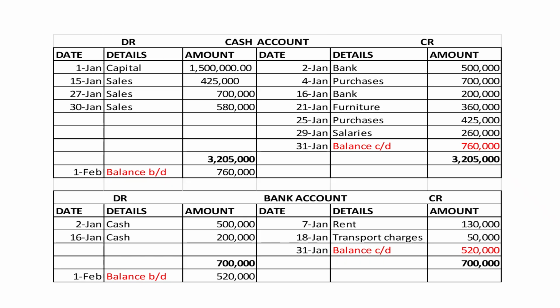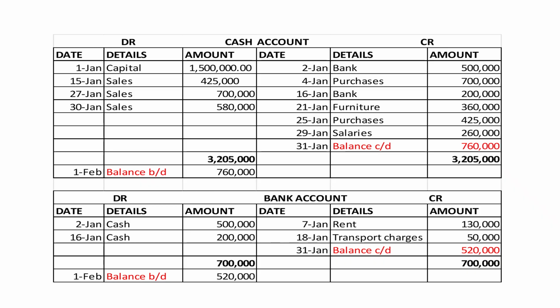Again, on the bank account, we had a few transactions. We opened that account on 2nd January with cash of 500,000. We made a payment of rent, 130,000. On the 16th, we also deposited 200,000 cash.